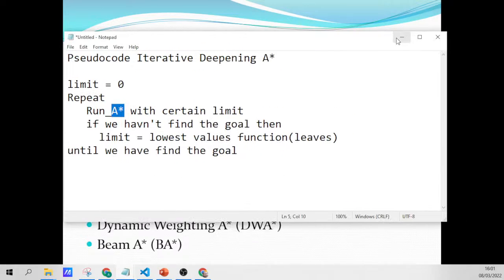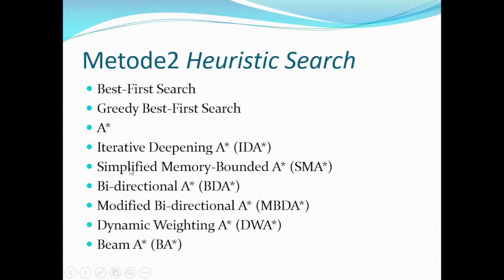The next one is simplified memory bounded A star. This one deals with A star under limited memory. For example, in 2002 or 2003, the cell phone did not have a lot of memory in that era.